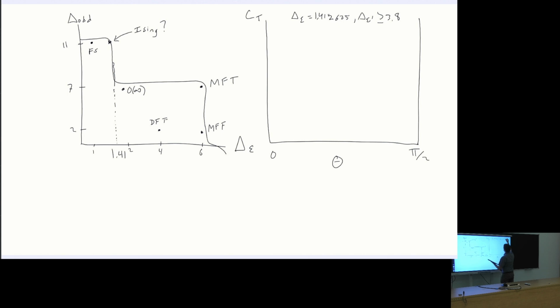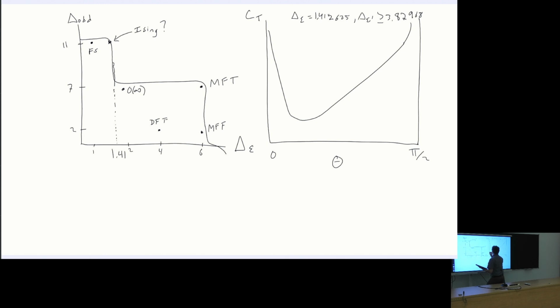So we can input the known scaling dimensions for epsilon and epsilon prime, and ask what this space looks like, and we can get a lower bound on this theta parameter, which basically requires that if you're away from some minimum location over here, the central charge has to be very big.